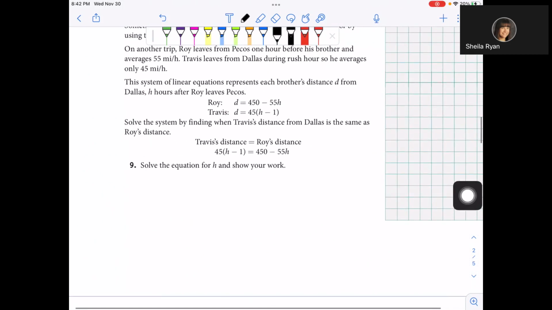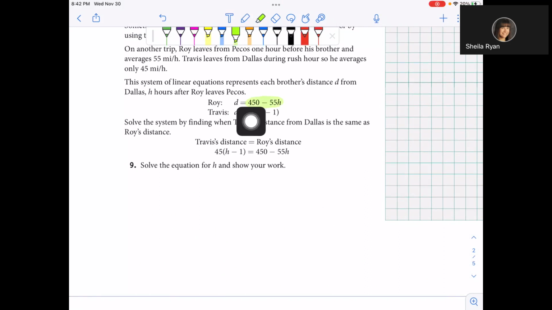The method they're going to show you is called substitution, where you take Roy's expression, 450 minus 55h, which is equal to D. What you would be able to do is take this and plug it into the bottom where the D is.